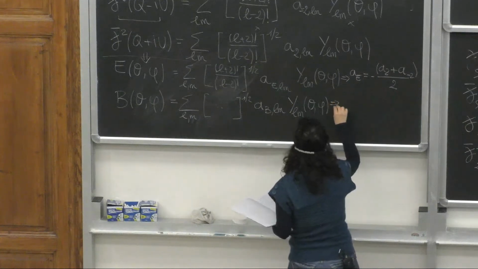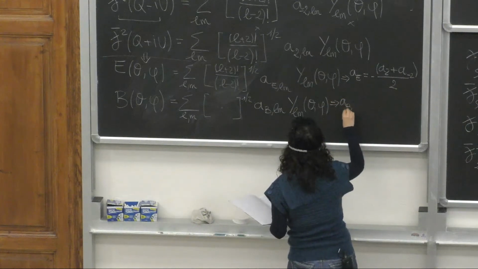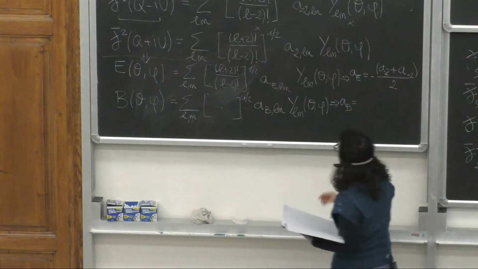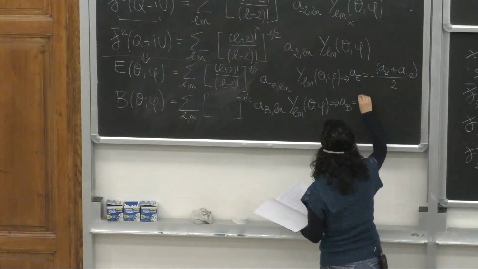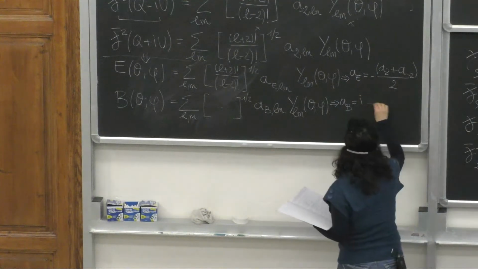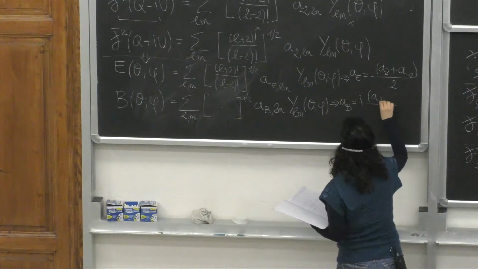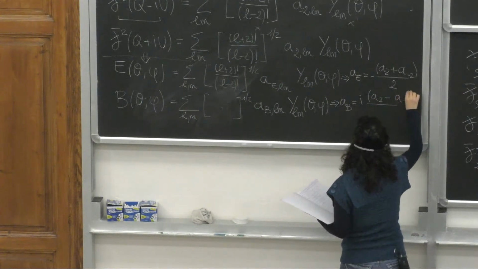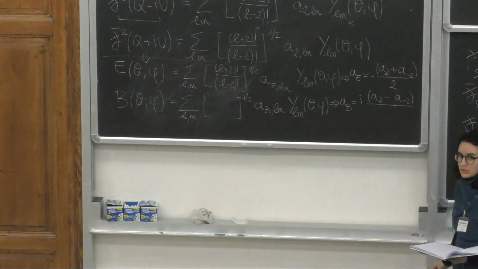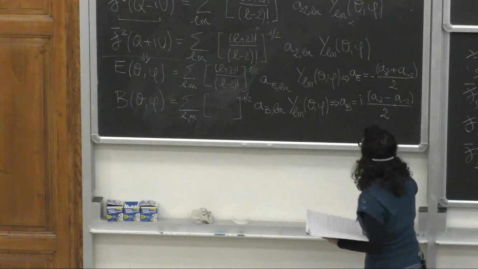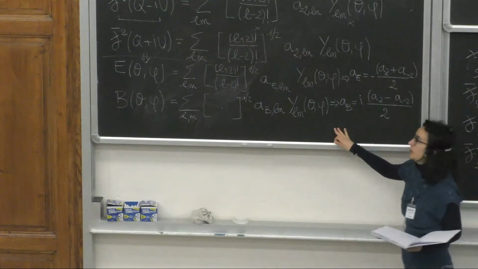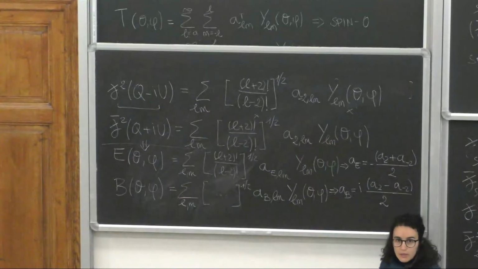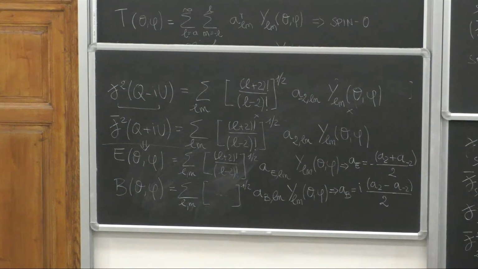And from this we can define A_B in terms of the old A_-2 and A_2. This time A_B will be given by i times the difference between the two expansion coefficients. And so from this, you see that the B field is obtained from the difference between the two scalar quantities that we got from the spin raising and spin lowering operator.